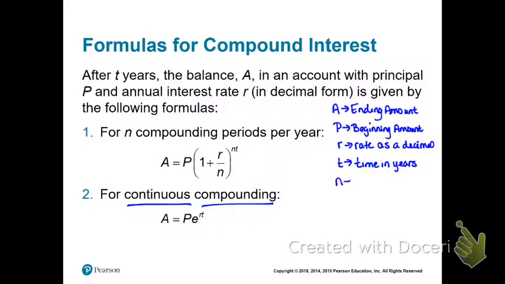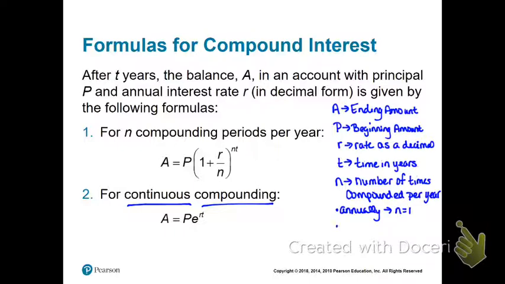Okay, and then N. N is the number of times compounded per year. Some of the ones that they're going to give us, they could say the word annually. If they do that, then our N is equal to 1.